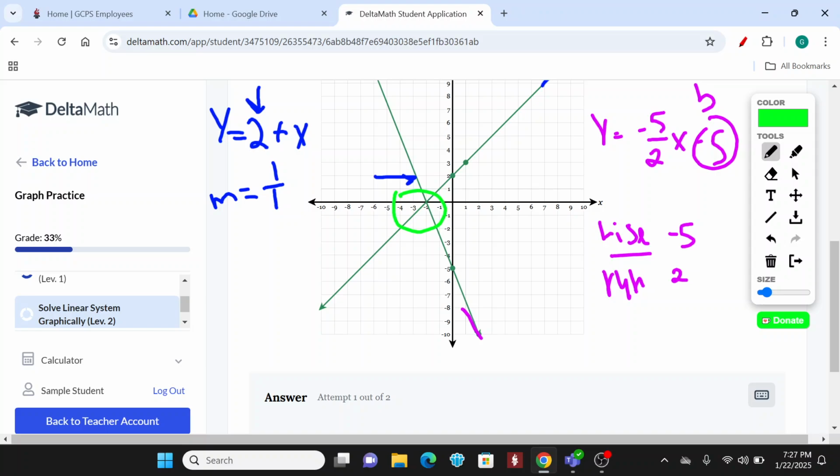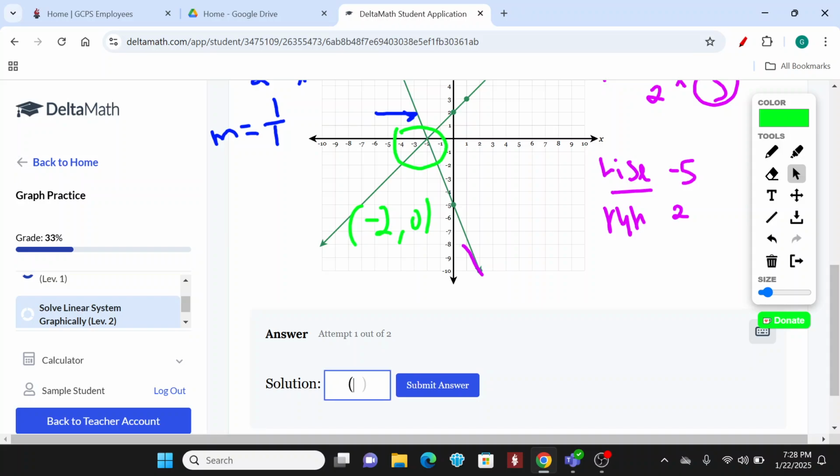So at this point, our x is actually negative 2, and our y is 0, because it's on the x-axis. So that is our solution.